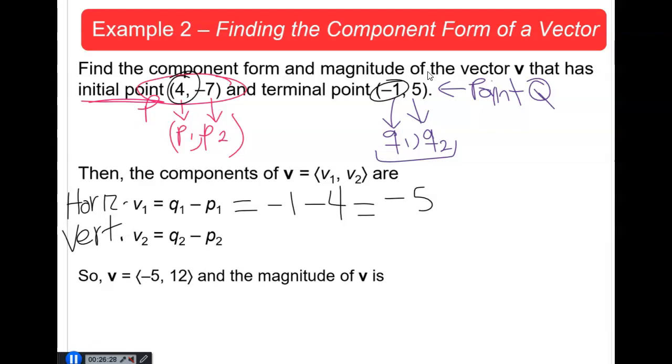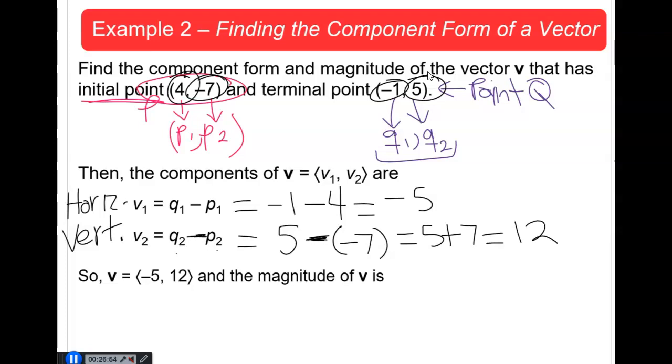We will have Q sub 2, which is 5, minus P sub 2, which is -7. Notice how I'm going to use parentheses here because the formula already includes a negative, and I don't want to overlook that I have a double negative here, because this will be 5 plus 7, which is equal to 12.